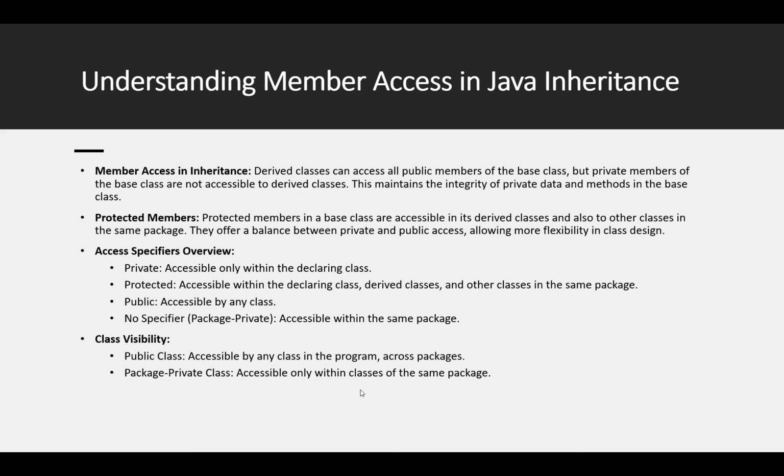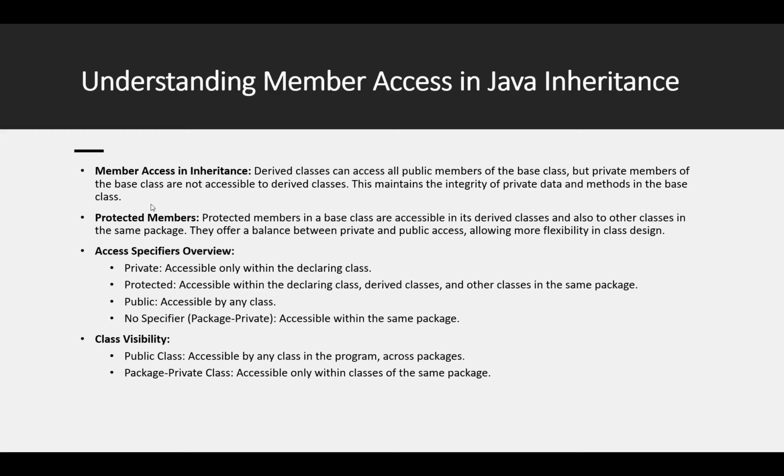And protected members, this is a special case. Now there's a special scenario. Think of a protected family heirloom. This heirloom is not just for the parent, but it's accessible to the children and even to close relatives living in the same house, in the sense, same package.